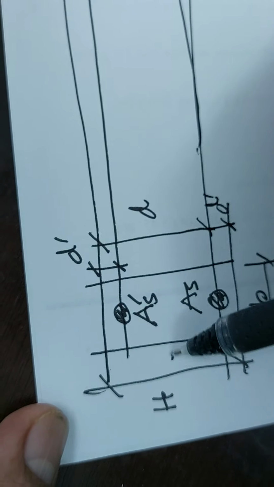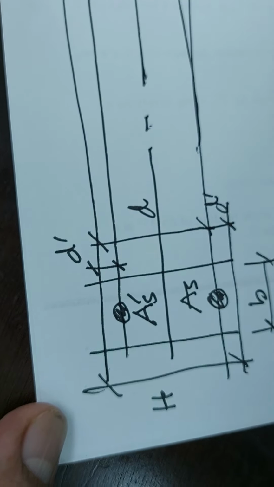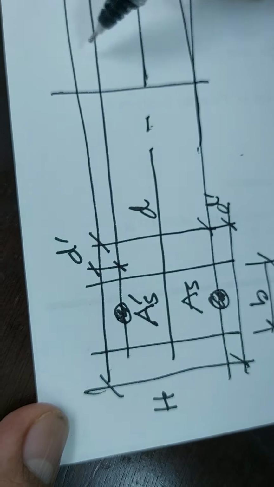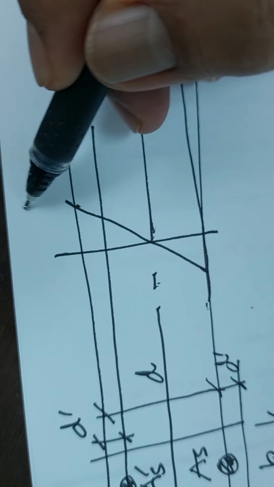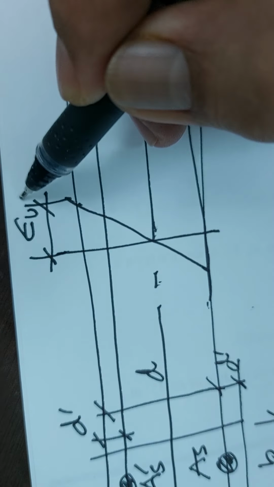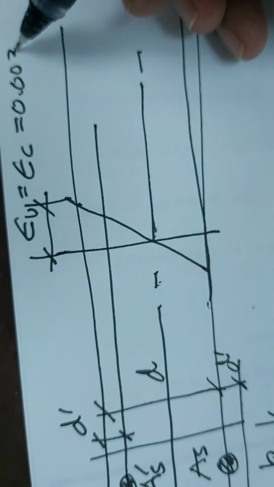The neutral axis should be established, and the strain diagram. Therefore, for the strain diagram, still the ultimate strain in concrete is equal to 0.003.